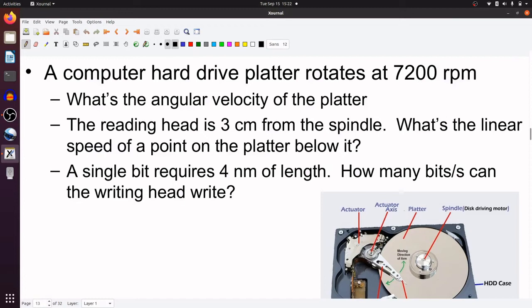Okay, so we'll do a problem about relating linear and angular variables. Every year I say to myself I'm going to cut this problem because most hard drives are now SSD, solid-state drives. Solid-state drives do not use spinning platters. However, a lot of your backup drives, NAS drives, actually are traditional hard drives. And a reason I kept this is because I think it was Western Digital got in trouble because some of their hard drives that people bought at 5,400 RPM, I believe was the number, were actually spinning at 7,200 RPM, which most people were like, hey, if it's spinning faster, that means I can write data faster.